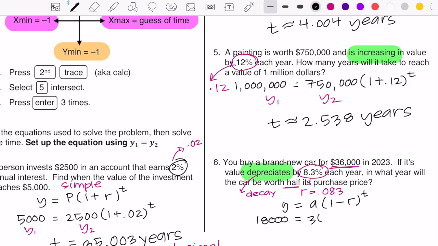The starting amount was 36,000. And then it's going to be 1 minus 0.083 to the t. I am going to do this math in the calculator. And instead of being 1 minus 0.083, that's going to be 0.917. So then I'm going to put this in y1, this in y2.